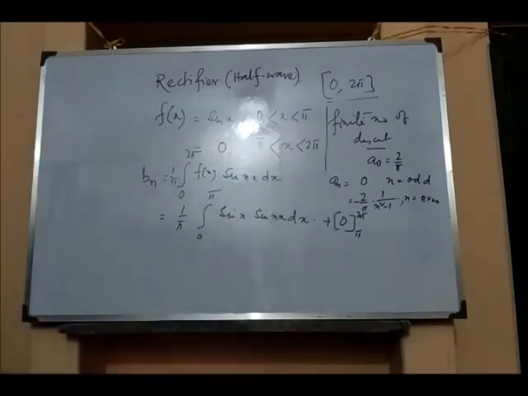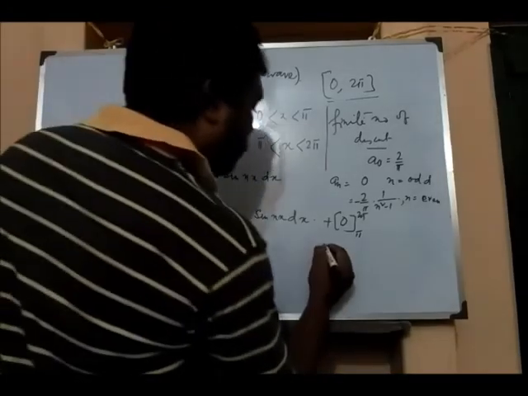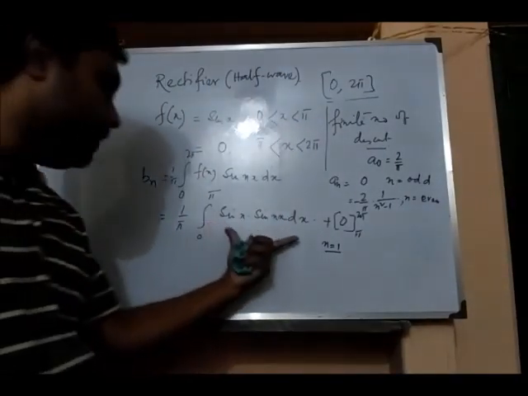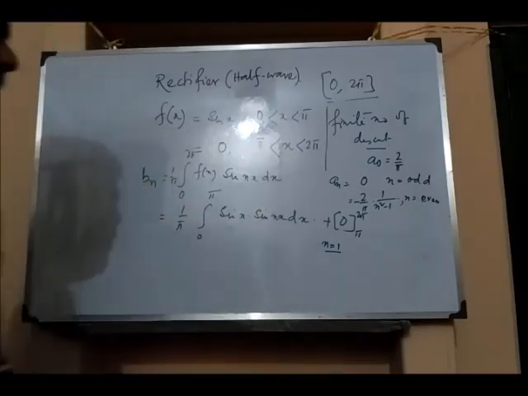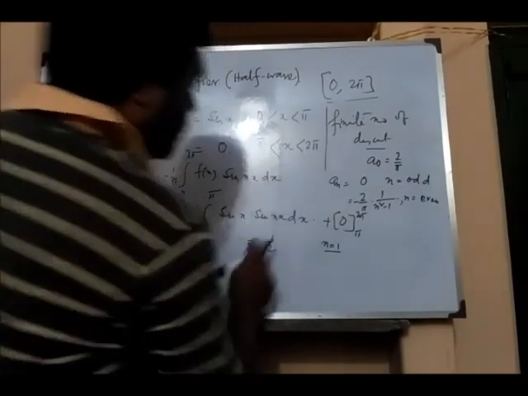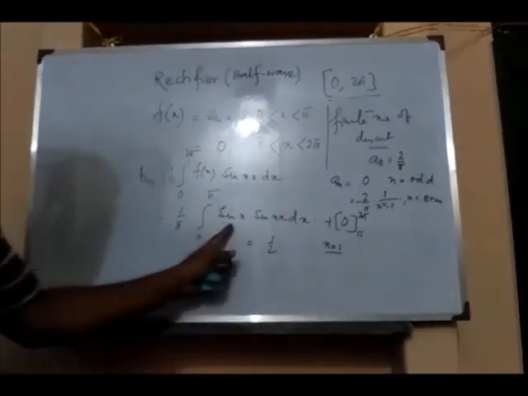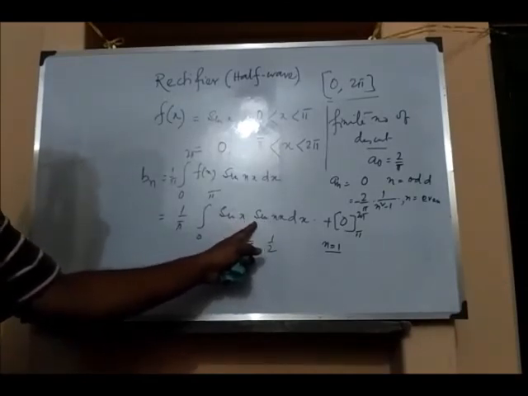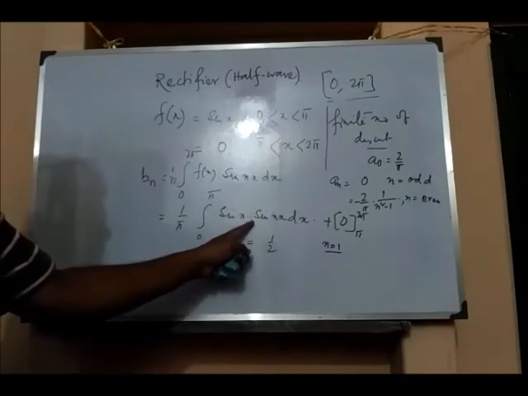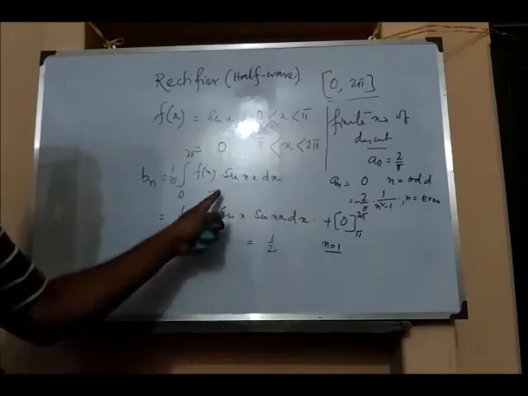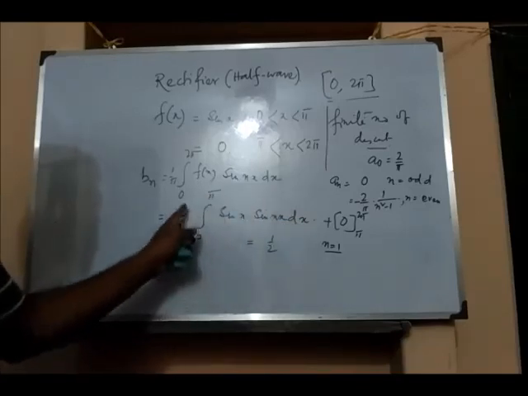Now, if you choose sin x sin nx dx for n equal to 1, this function gives me a specific value. What is that? That is basically half. Previously I have done this. So this is sin square x, so half of 1 minus cos 2x, and integrating over 0 to pi gives pi divided by 2, times 1 by pi.